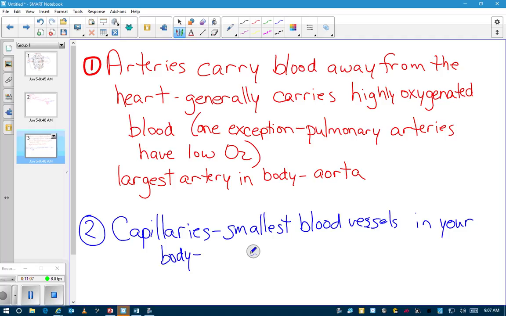So capillaries are where all of the transfer happens. So when I talk about blood carrying oxygen and carrying nutrients and hormones and all of that stuff, capillaries is where the transfer of that happens. So your body is covered really in capillaries, and that's where transfer of oxygen and nutrients happens.